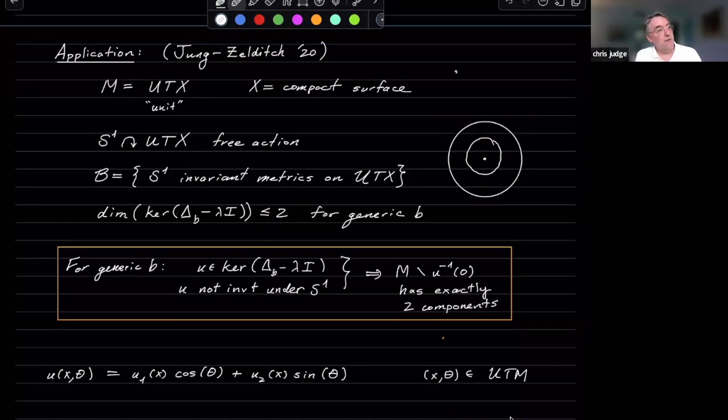The invariant eigenfunctions are one-dimensional. Of course, the fact that they're only two-dimensional comes from work of Siegel, but they have to be at least two-dimensional because of representation theory reasons. And for the same reason, this is going to be true unless the eigenfunction itself is invariant under the S1 action.